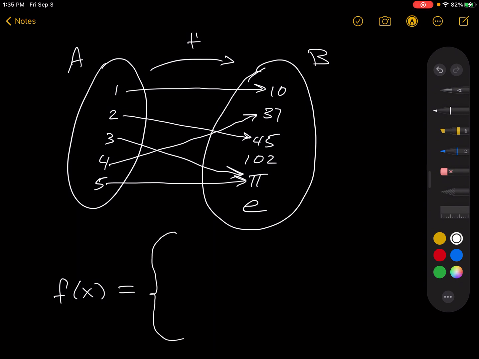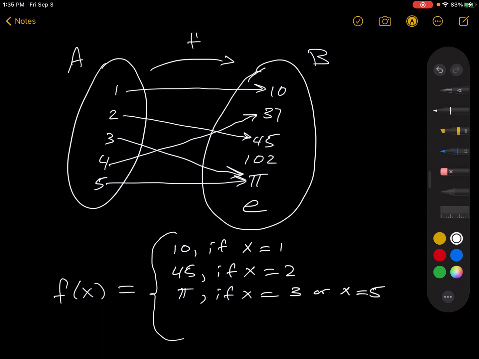So f of x equals 10 if x equals 1, f of x equals 45 if x equals 2, f of x equals pi if x equals 3 or x equals 5, and 37 if x equals 4. And this would be your rule.